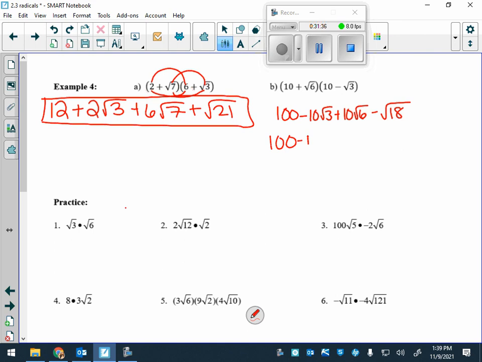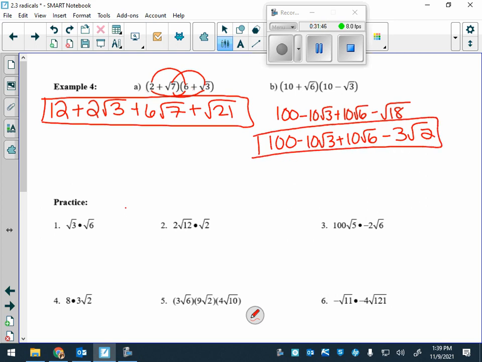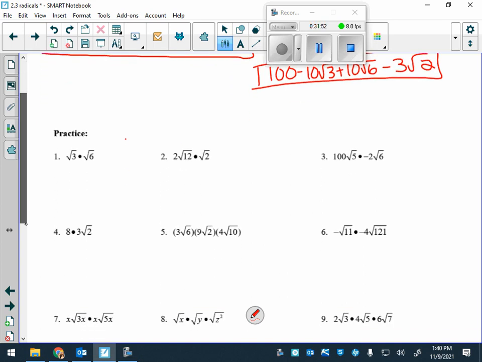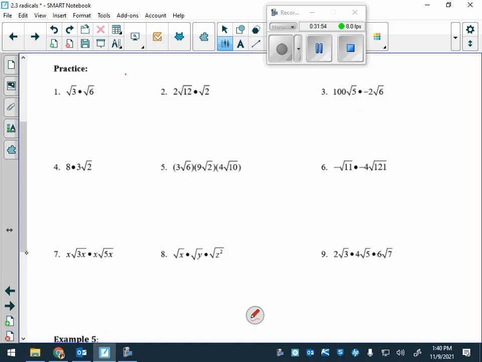Good. And we simplify to simplest form to see if we could combine like terms. In this case, we cannot. Okay? So we are going to do some practice on multiplying, 1 through 9. Go ahead.